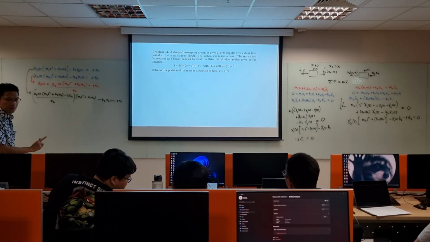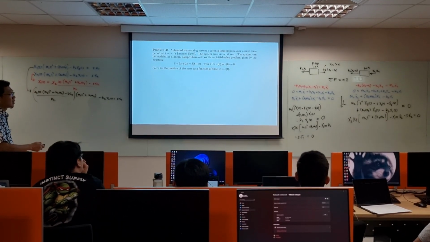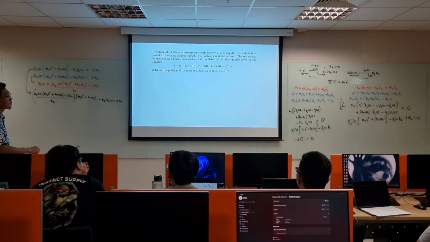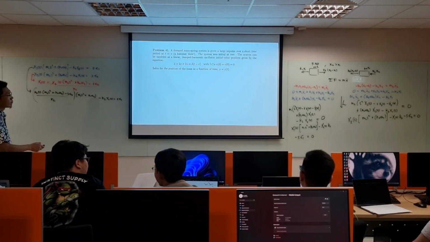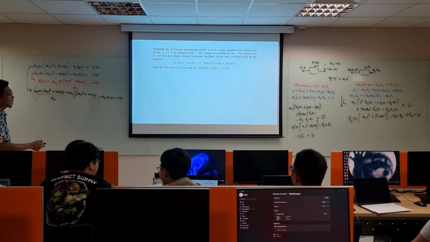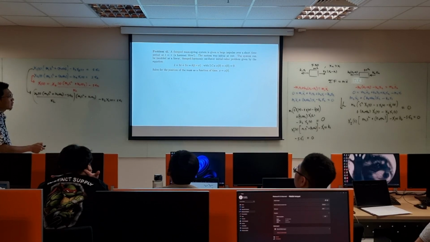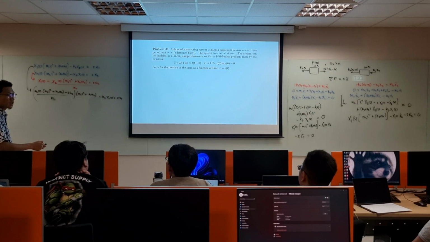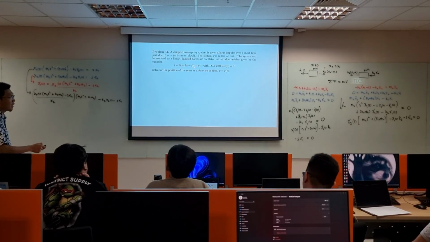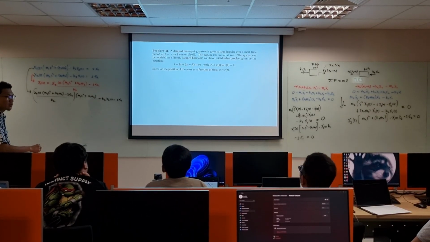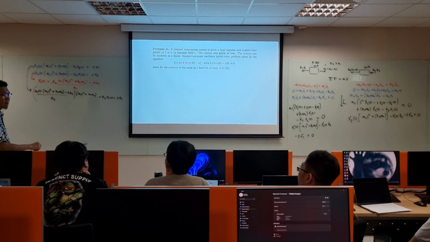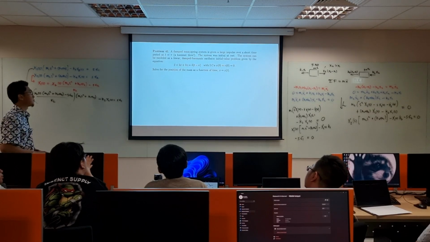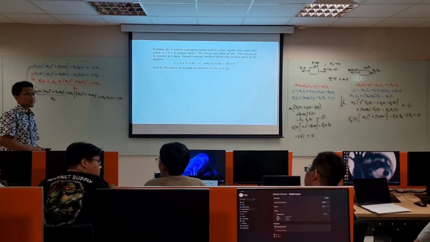How to approach this problem? You take Laplace transform first, like we do on the quiz. And then what about this delta function? E to the minus, there is a delay of pi. Not how delay you use.